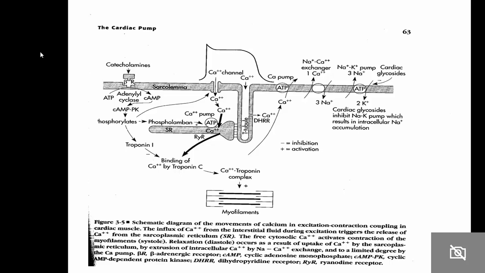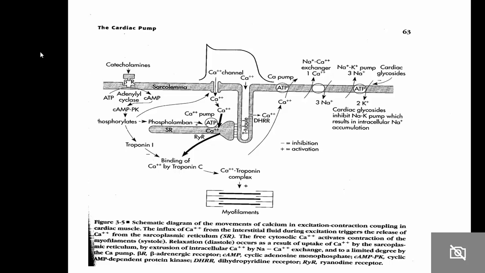So this is a picture of what actually happens. And the other thing I like about this picture is that it actually shows you what happens to the beta 1 receptors when epinephrine or norepinephrine binds to your heart muscle. Remember, this is happening in the heart. And this shows you the molecular pathway on how you amplify the signals here. One other thing that I didn't talk about, and the phospholamban here also occurs in skeletal muscle.